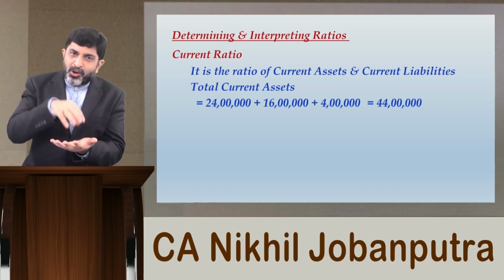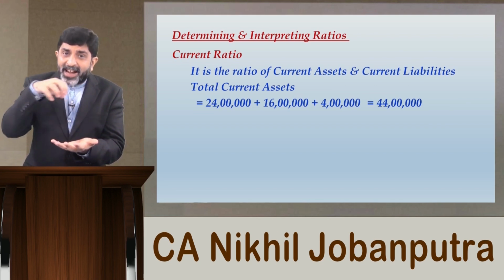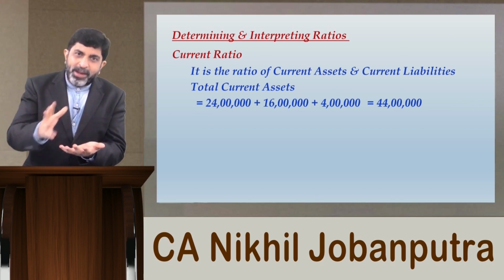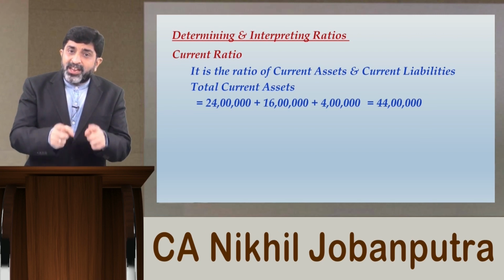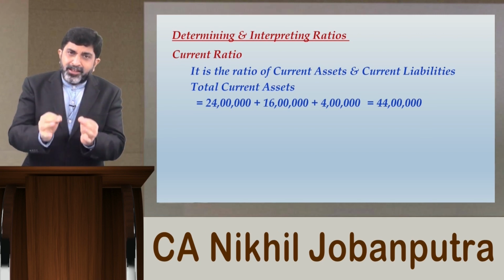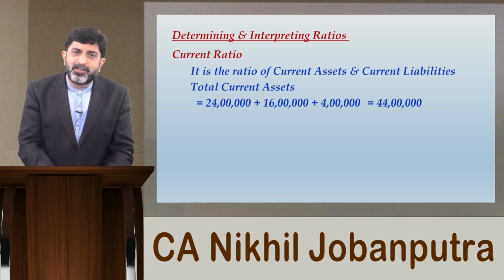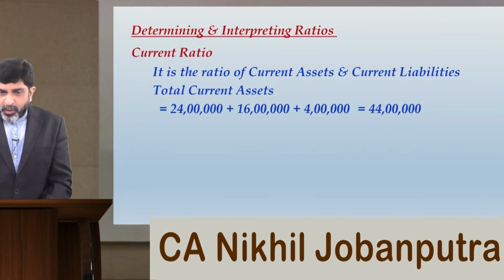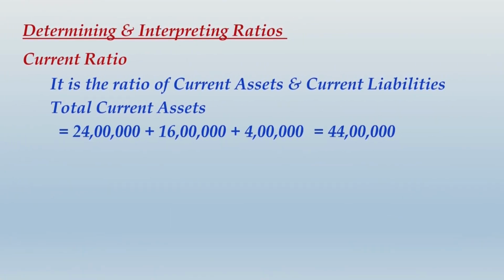We are determining all these ratios at the end of the year, that is on 31st March 2020. Therefore, the balance sheet that you must refer for extracting this information is the balance sheet dated 31st March 2020 in this example. So, let us move ahead and continue. So, here we have total current assets of 44 lakhs.